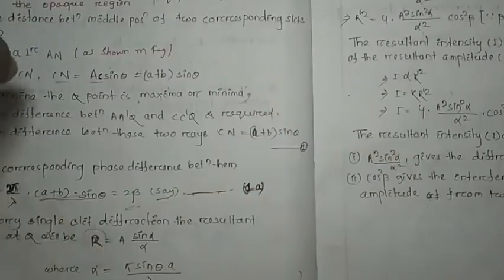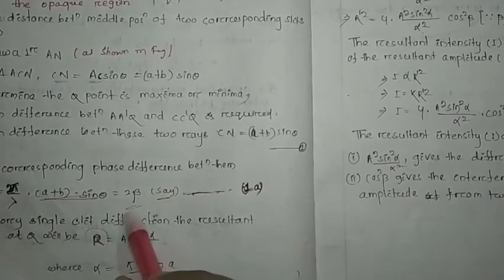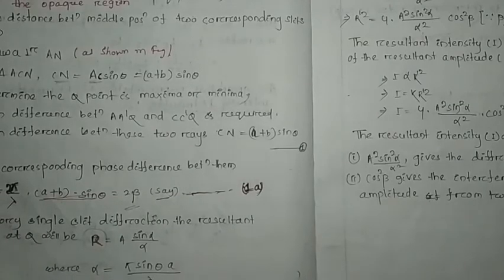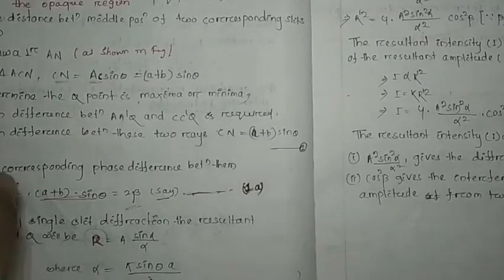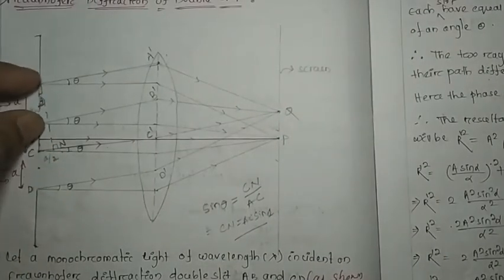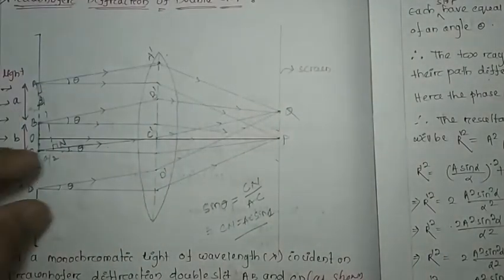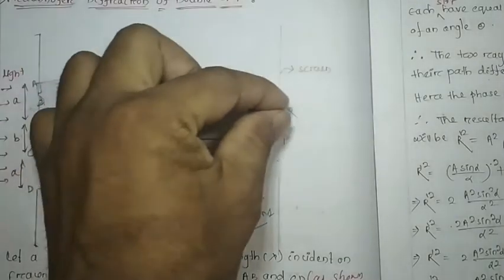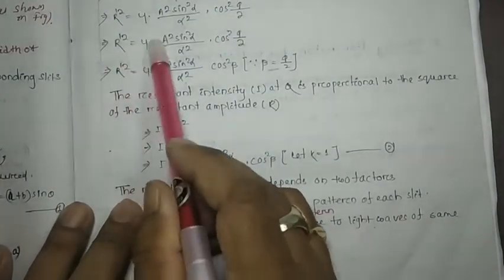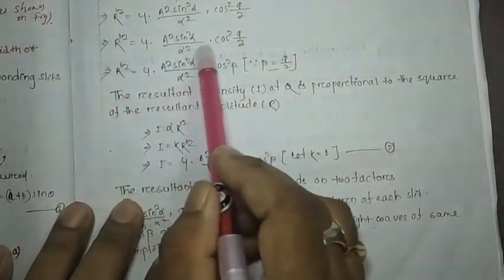We have considered the amplitude which is due to diffraction. That diffraction amplitude is going to interfere with each other. Due to diffraction, two rays interfere at Q, and when they interfere at Q, we found the resultant amplitude square is this one.